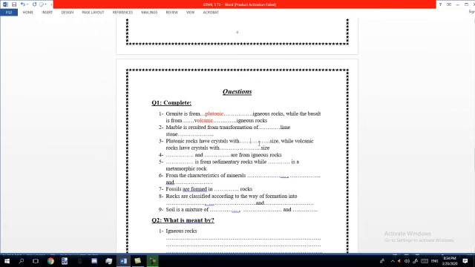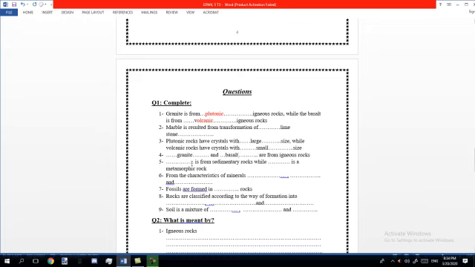The plutonic rocks will have crystals with a large size, while the volcanic rocks have crystals with a small size, because they come out by a big force from the volcano. Dash and dash are from igneous rocks. Give me 2 examples for igneous rocks. Of course, we said we have granite and basalt. So granite and basalt are from igneous rocks.